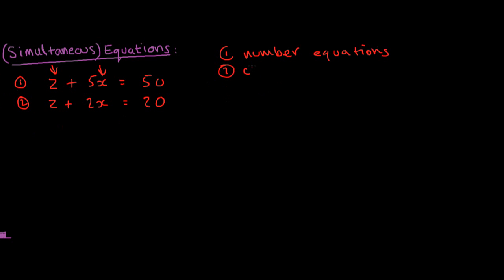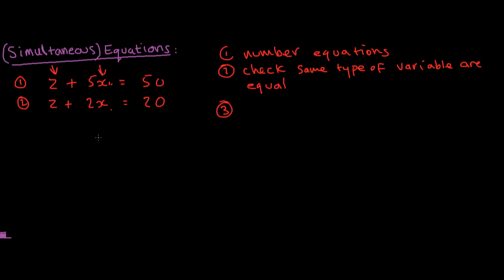Step 2 is to check the same type of variable are equal. So just to make sure that either these x variables are equal, so 5x and 5x, which in this case they're not, or these z variables are equal, which they are because they're both z. Okay.